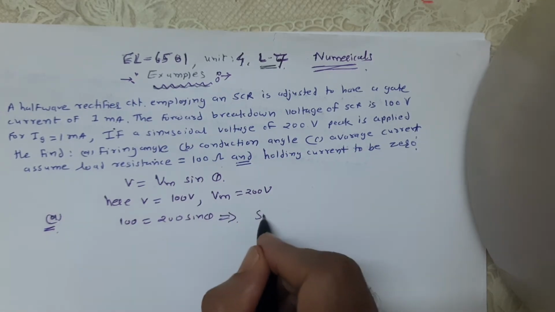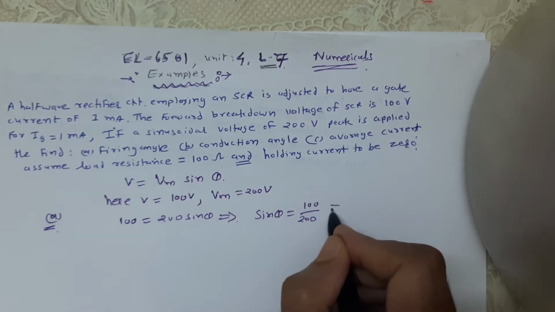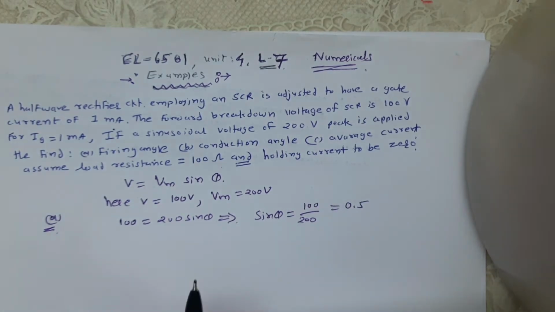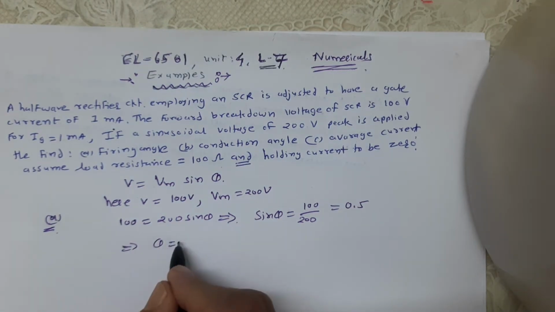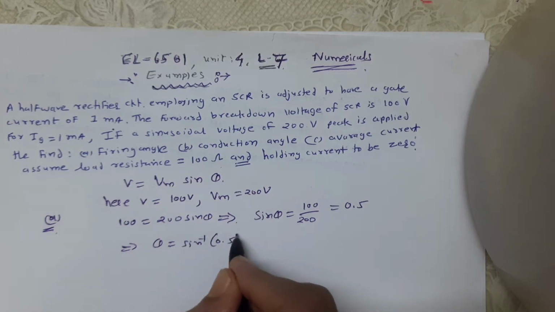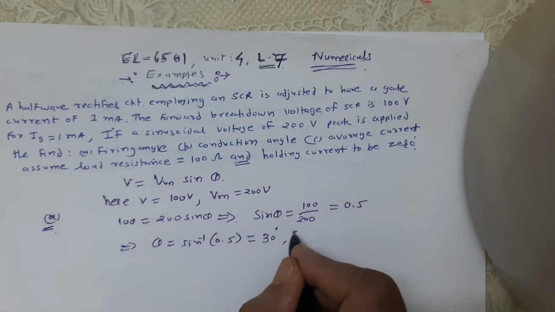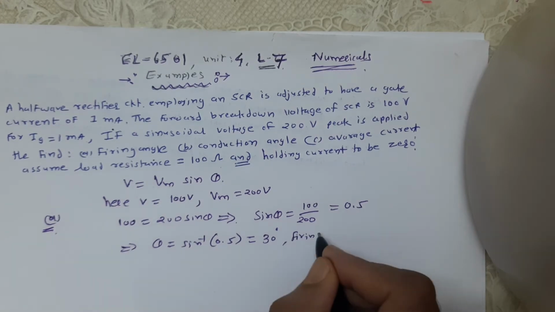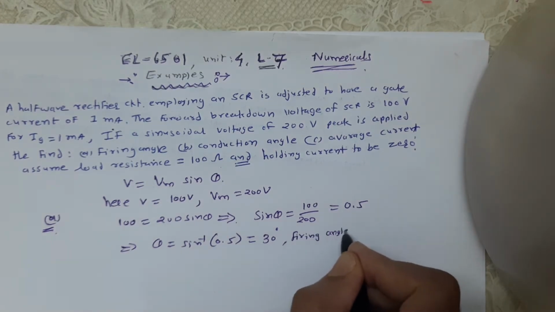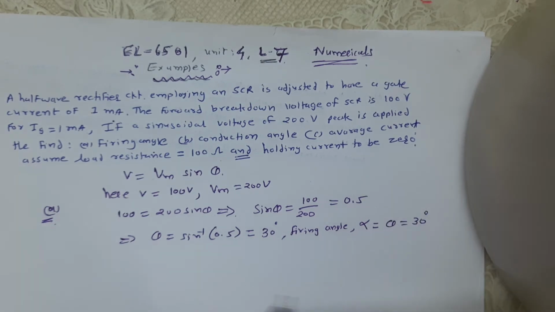Therefore, sin theta is equal to 100 upon 200, which is 0.5. So theta is equal to sin inverse 0.5, which is 30 degree. Therefore, the firing angle alpha is equal to theta, which is 30 degree.